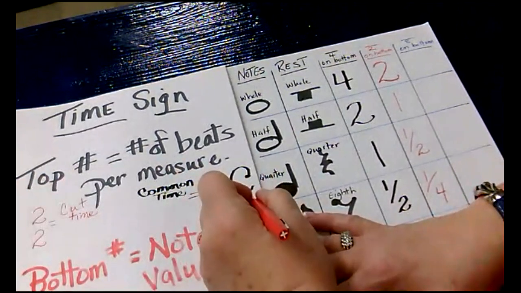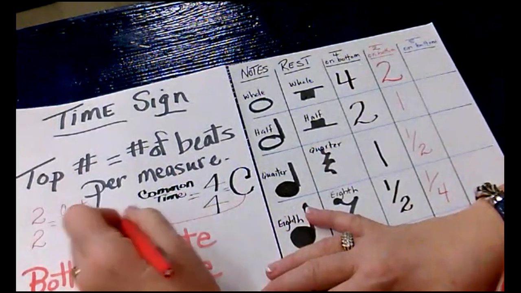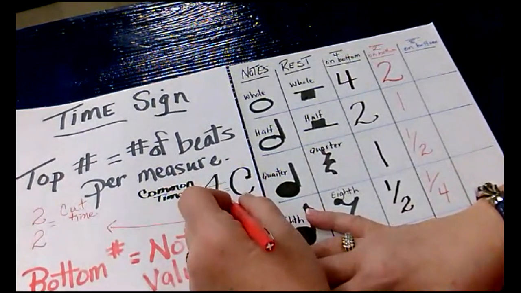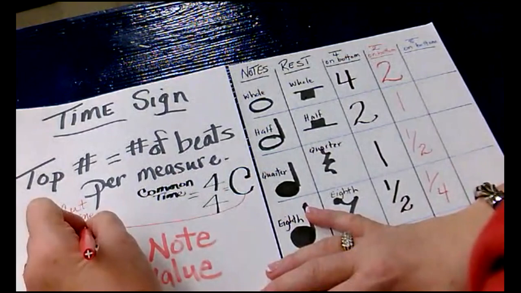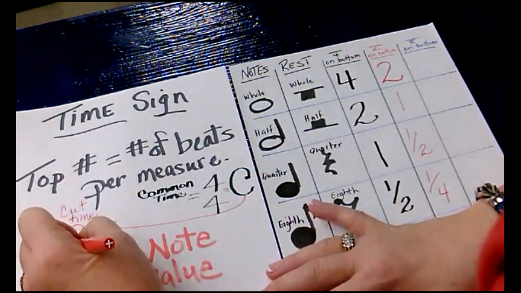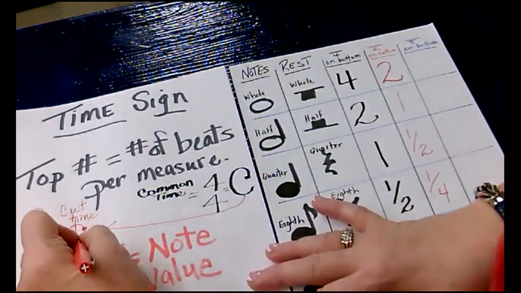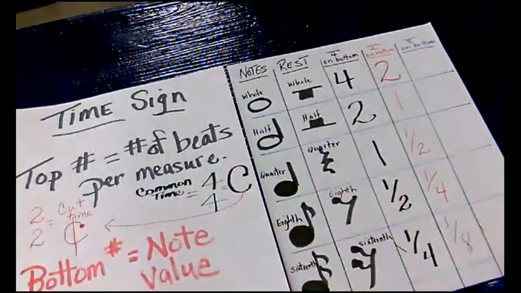And just like when we see the C over here with common time, we can make that same C, but draw a line down through it. And what have we done to the C? We've cut it in half.